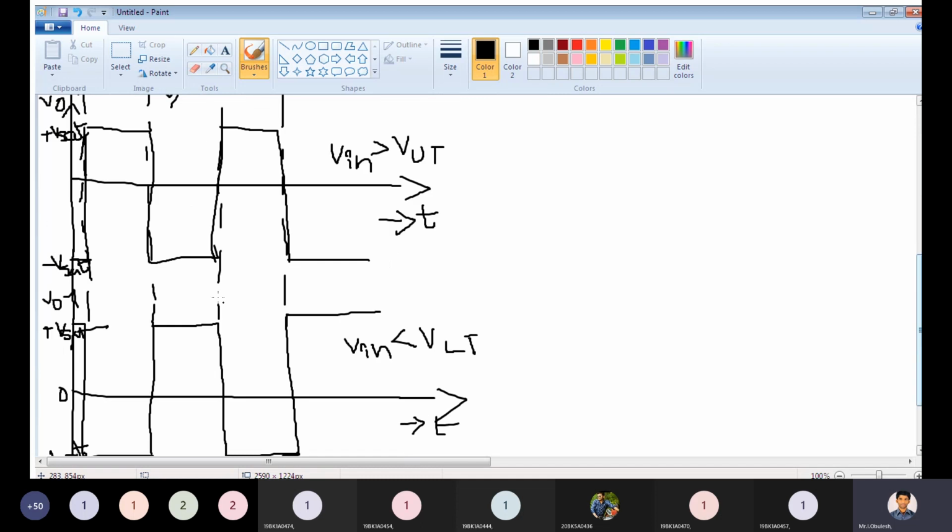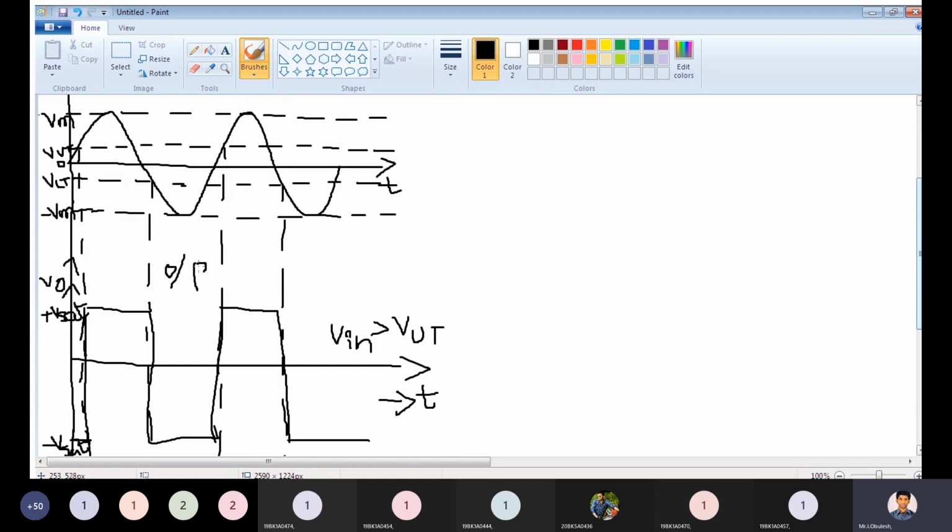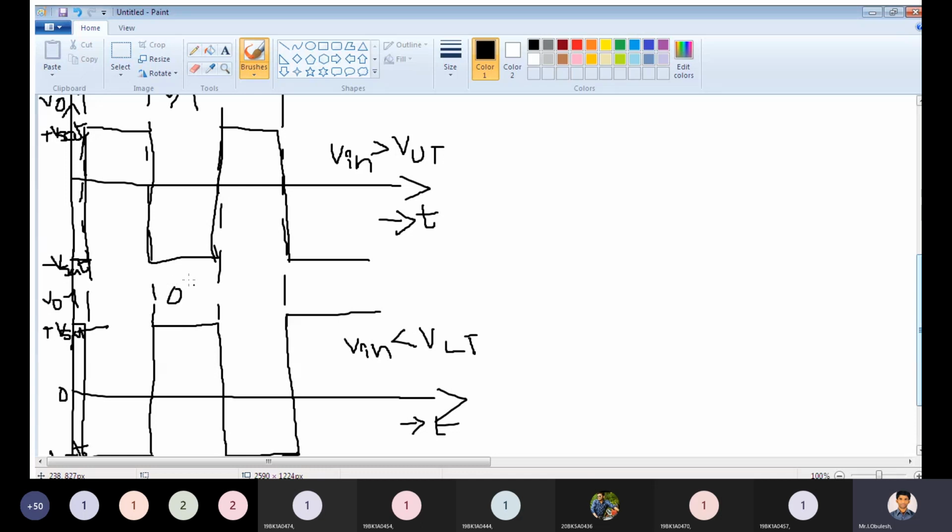So these are the input and output waveforms.